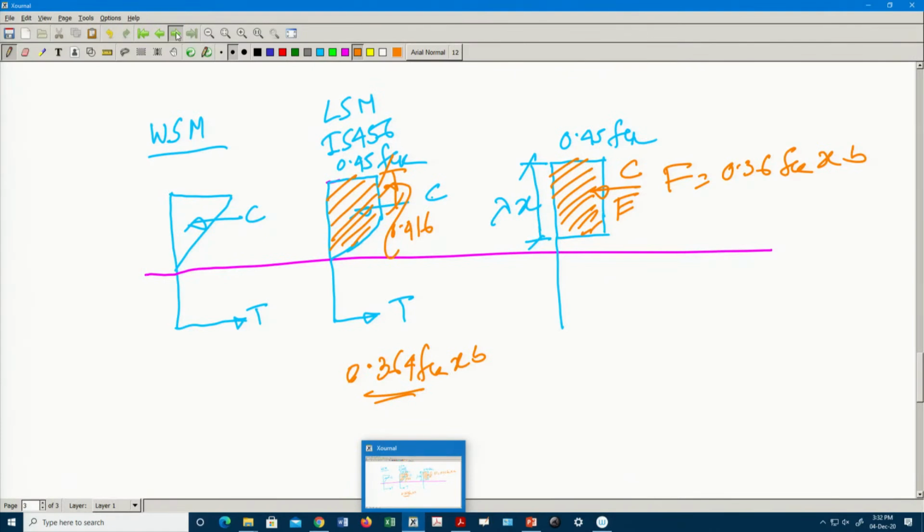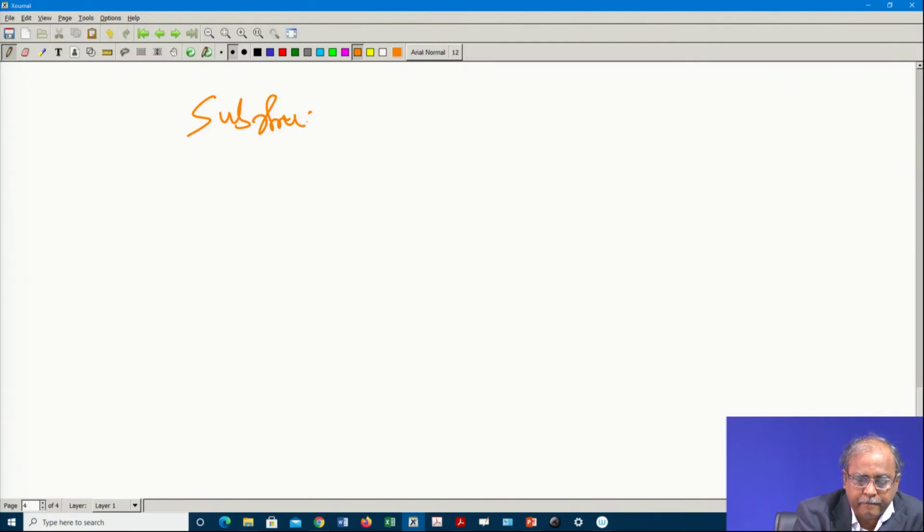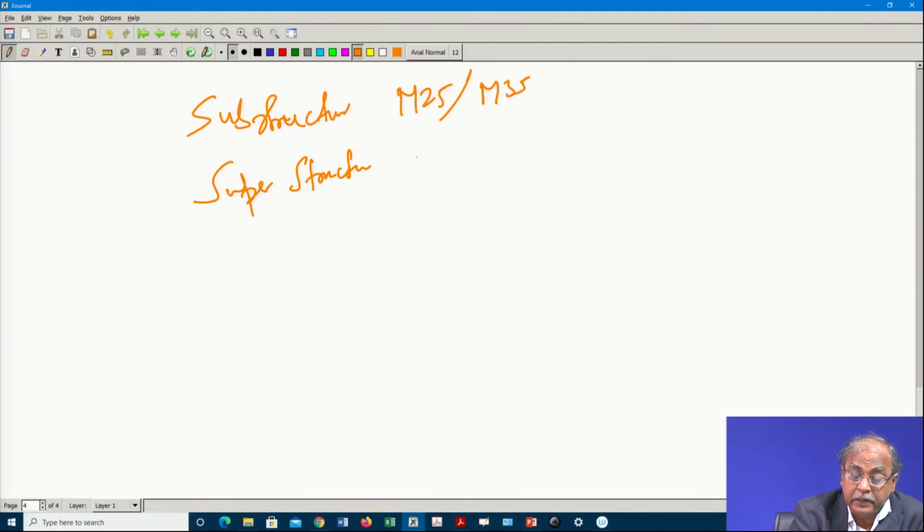What should be the minimum grade of concrete used in bridge load? Actually, we have substructures and then we have superstructures. So, let me come back. We can go M25, M35, and here we can go M35 onwards.